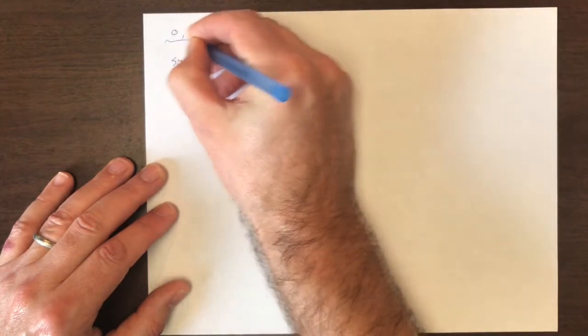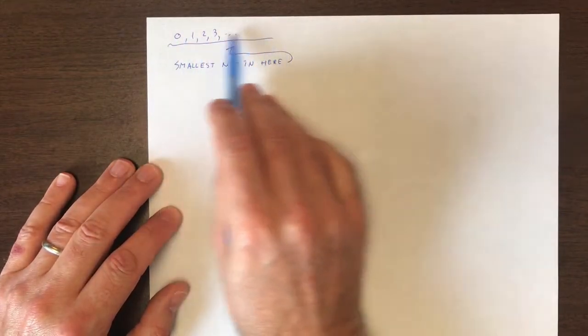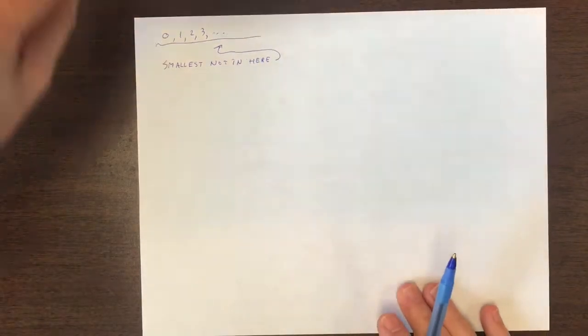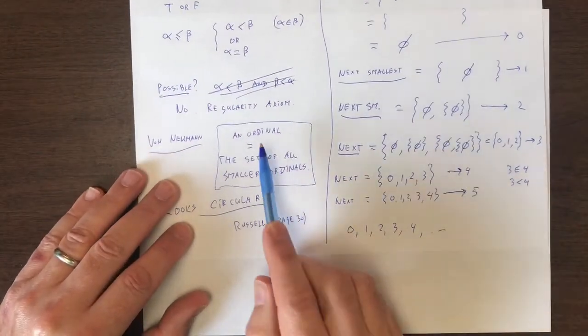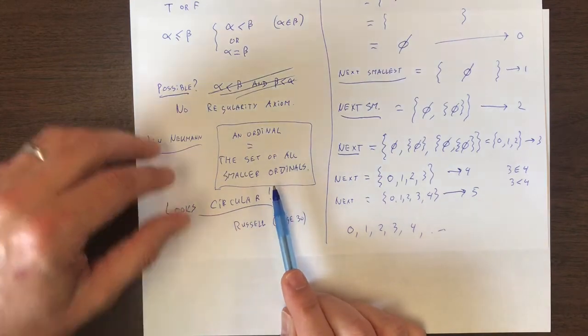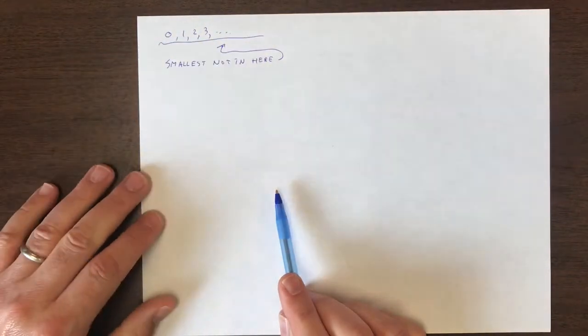Okay? What is the smallest ordinal that is not in the list of ordinals that we've already found? Well, let's look at von Neumann's definition. Any ordinal is the set of all smaller ordinals. Okay, so the smallest ordinal that isn't in here is just the set of all of these.